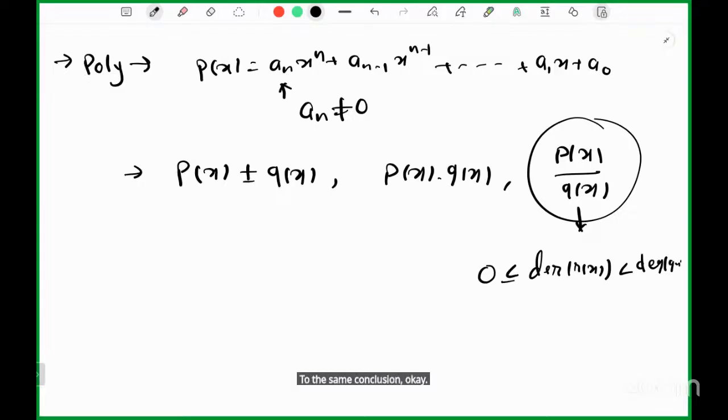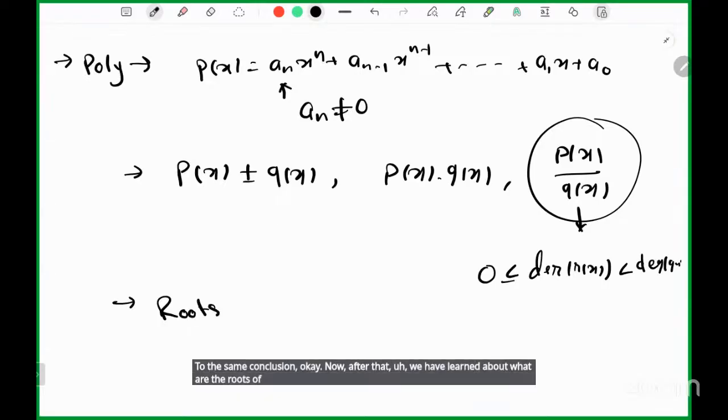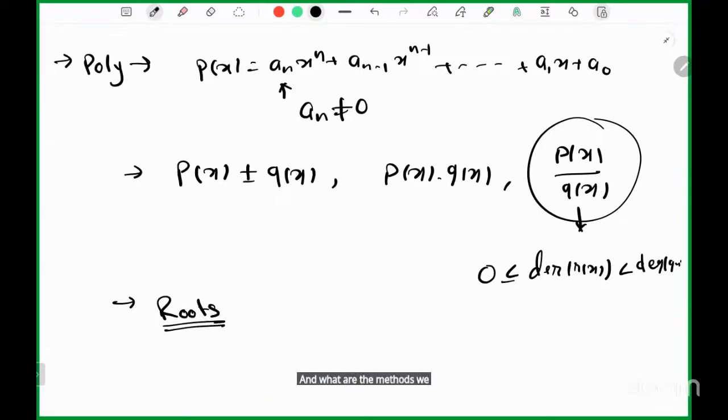After that, we learned about the roots of a polynomial and the methods we can use to find them. If a polynomial is of degree 1 or 2, we have explicit methods to find every root.